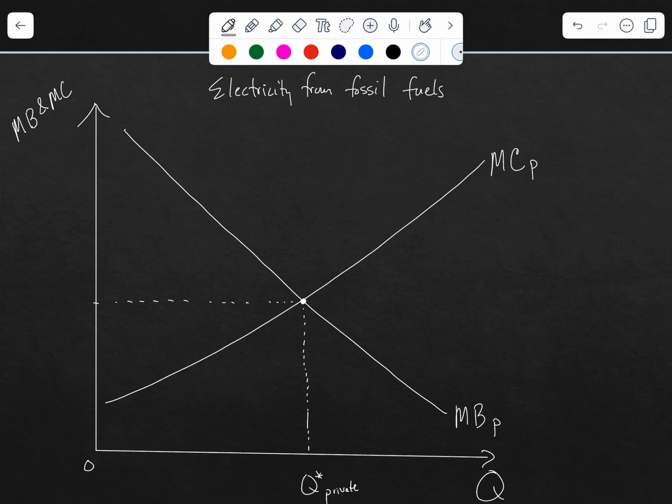So those costs are in addition to the private marginal costs. And so those are external costs. We can add those on top. So we could add the external costs on here, the negative externality or the external cost. What just happened there? Put it back.